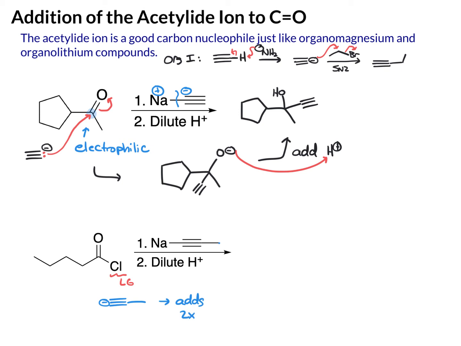So the first time it will add, you'll lose the leaving group, and what you'll get is this, but you can't stop at that ketone, so it will continue to react.